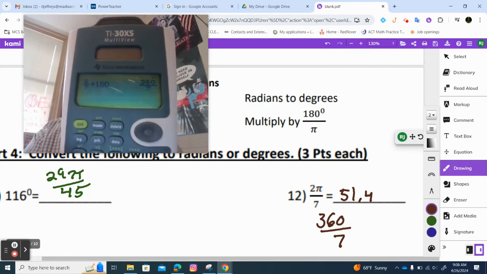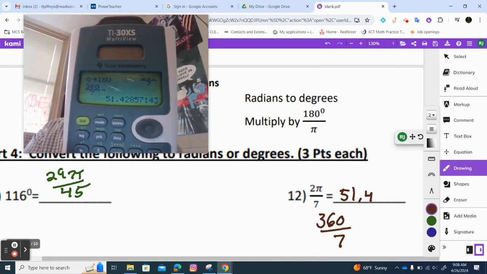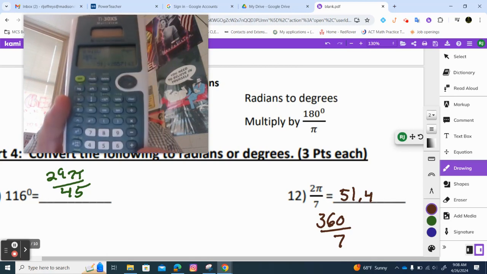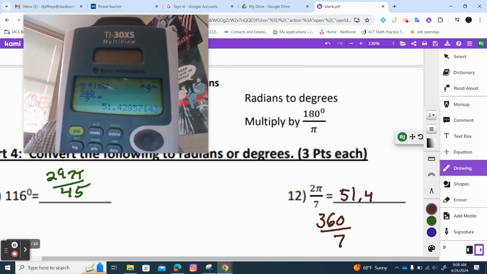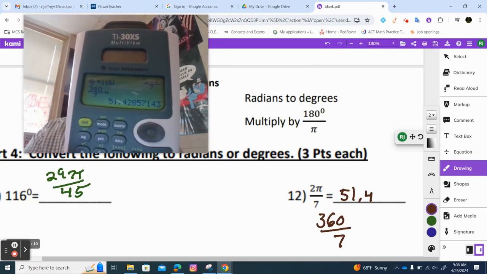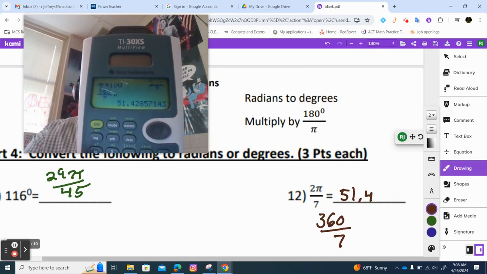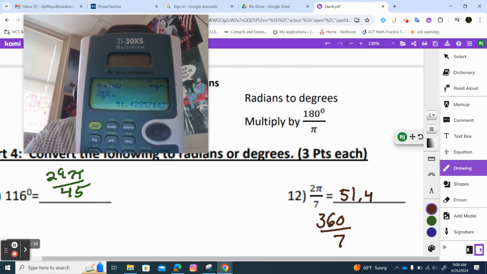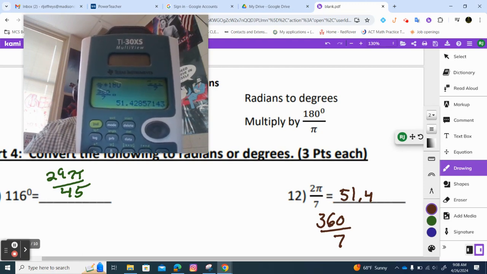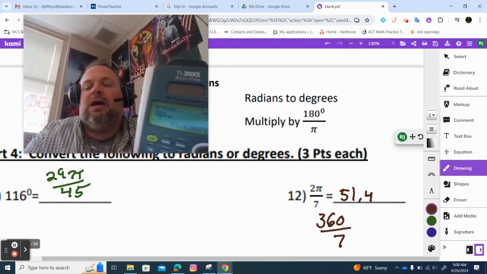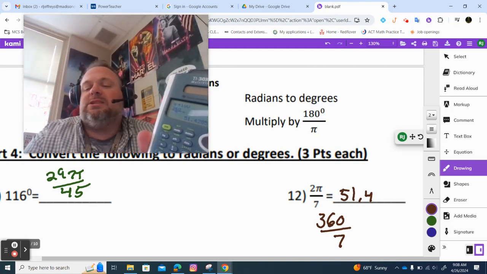Watch this. If I hit the double arrows, it will change that fraction to a decimal. And that's actually what we got at the very beginning. So either way is right. So I will accept decimal or a fraction.